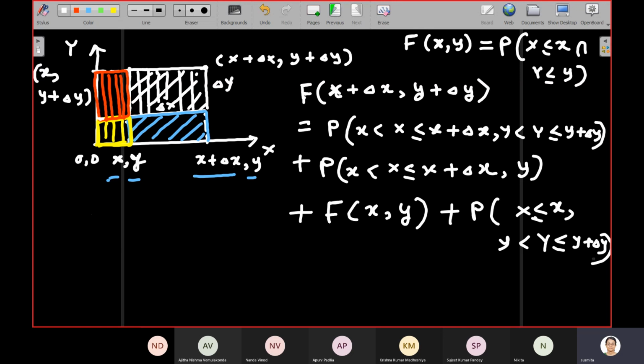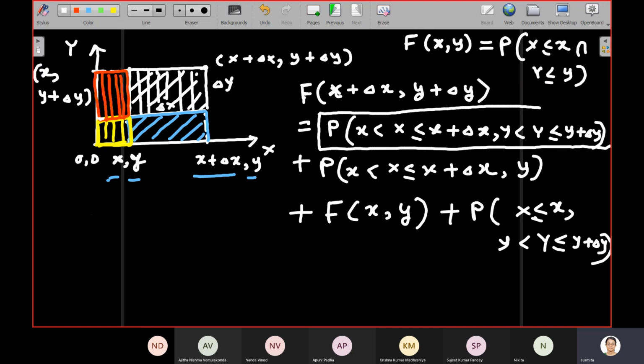Now, our objective is actually to find the first term on the right side in terms of F, this capital F function. So we already have this F here, so we can take it on the left side.